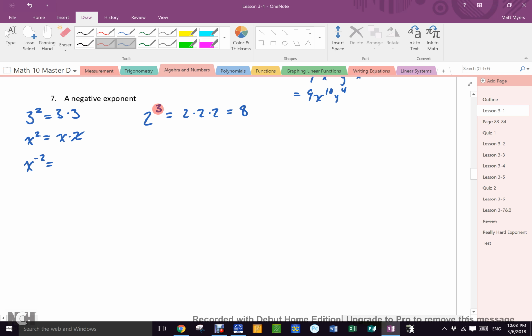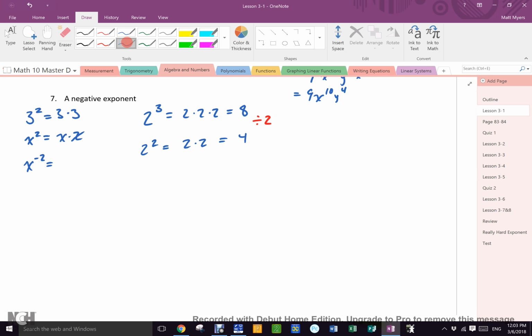We want to get to the negative. So what's the next one? 2 squared, which is 2 times 2, which is 4. What happened to this multiplication of 2? We got rid of it, right? Which means we divided by 2, didn't we?